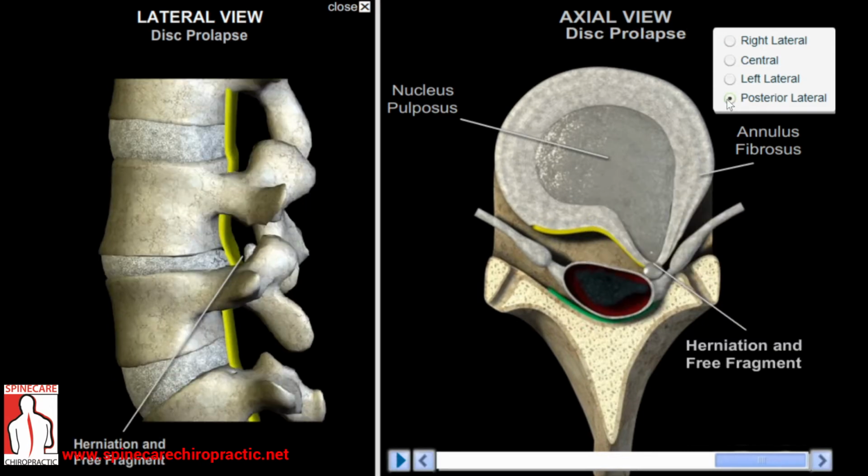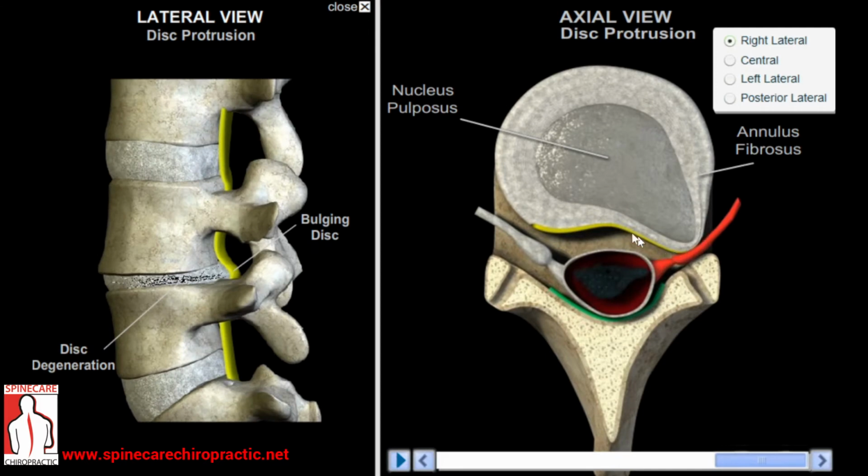However, if the slip disc is very bad, the outer ring is completely torn, and the nucleus, the inner layer, flows out into the spinal canal at the back. This is already a very serious case of slip disc, and you may require surgery to fix the problem. However, if the outer ring is still contained, then chiropractic can still do the job in most cases.